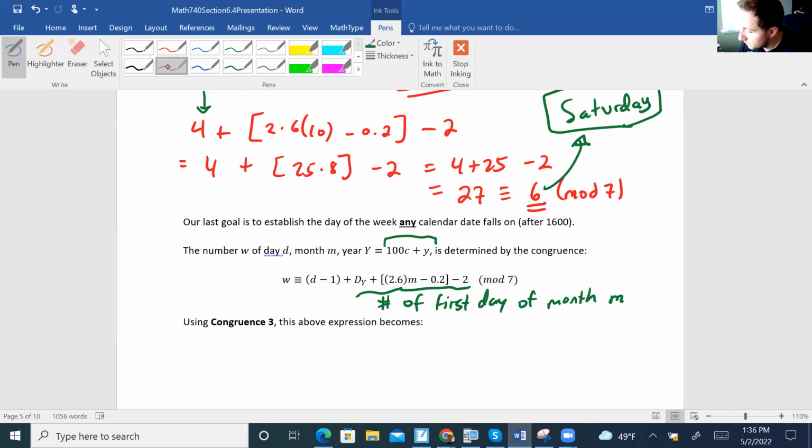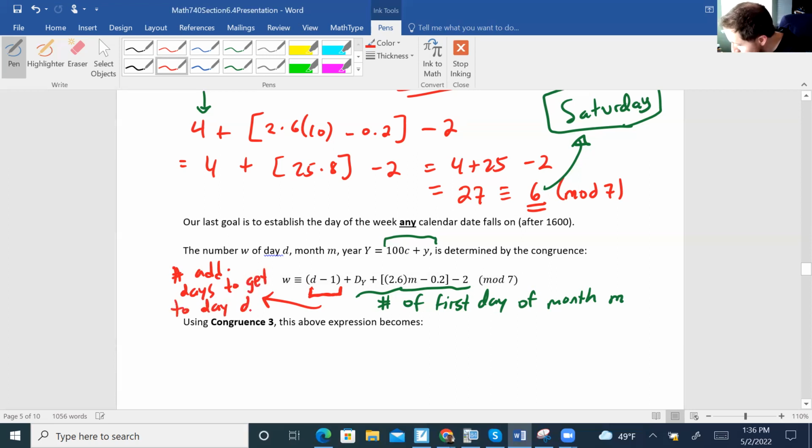Now I want to know if I add on the additional number of days. What if I want to get to March 13th? Then I'm always going to have to add on 1 less than the day number I want, because I already considered the first day. So I don't need to add on D, or I'm adding too much. So this is the number of additional days to get to day little d.